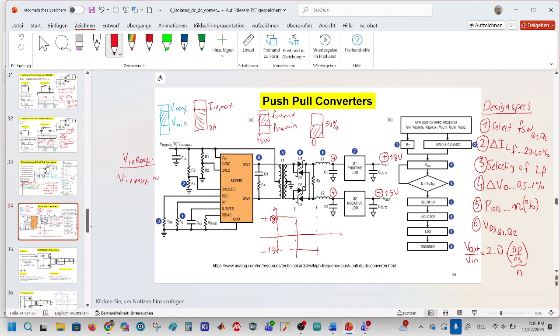It should be around, I shouldn't show it with the formula, where Vin max should be maybe 2 or 3 times the output voltage. Because on the other side, you should use a high value of turns ratio here.